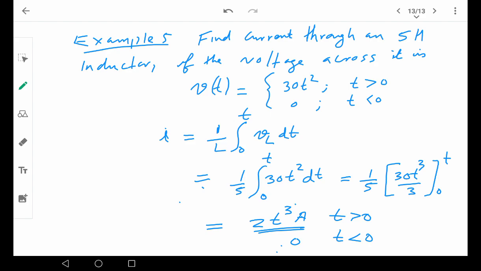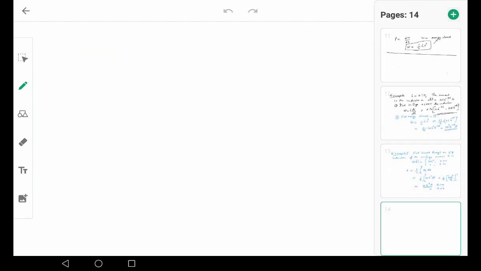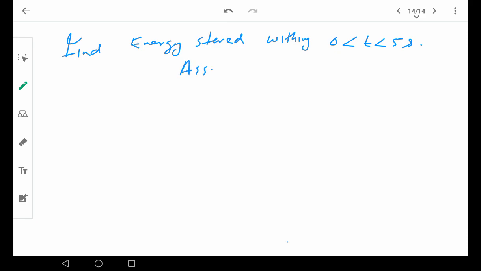You are also asked to find the energy stored within 0 less than t less than 5 seconds. Also assume i0 equal to 0. What's the equation for the energy stored?